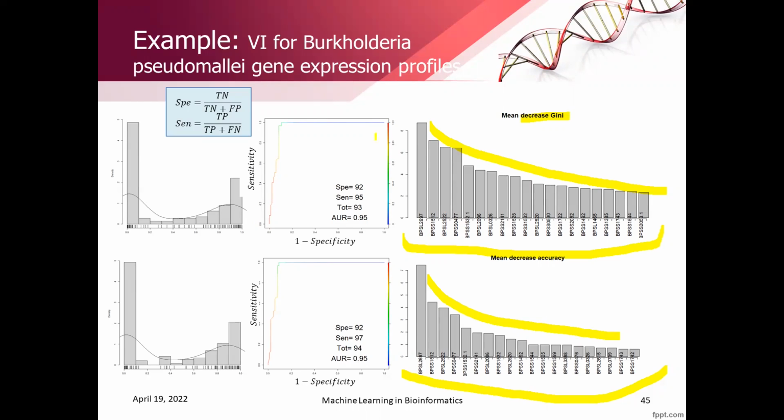ROC curve. On the horizontal axis, there is 1 minus specificity.